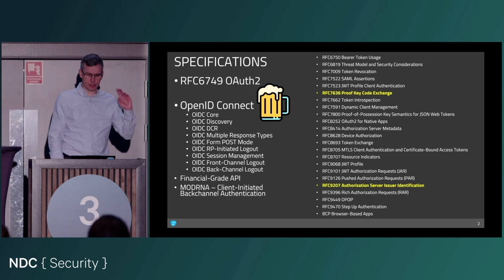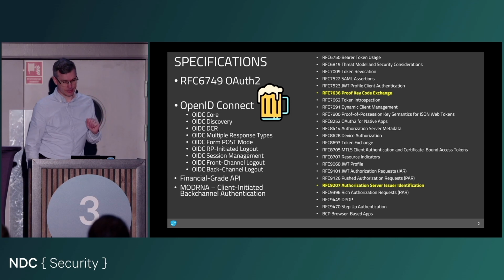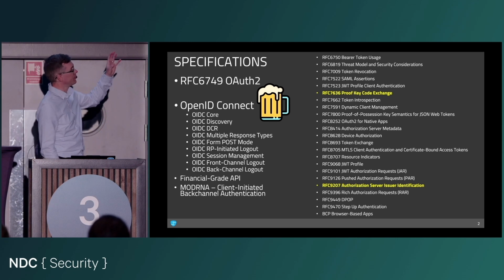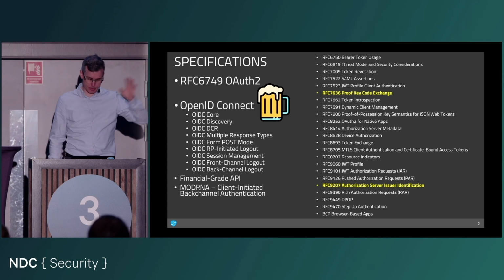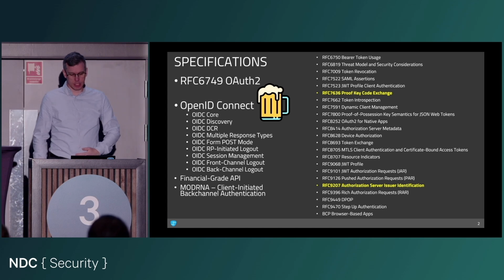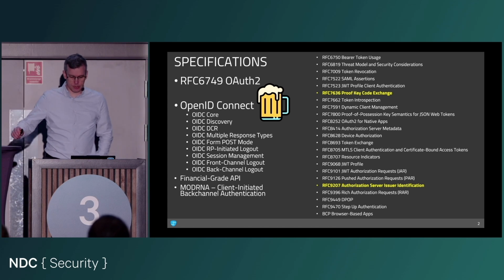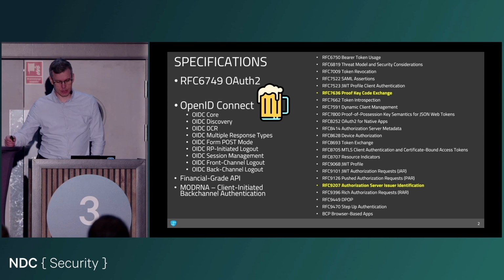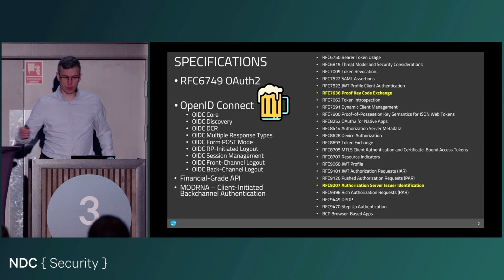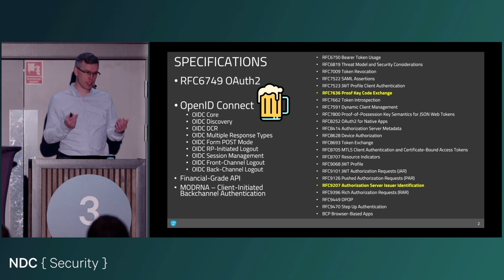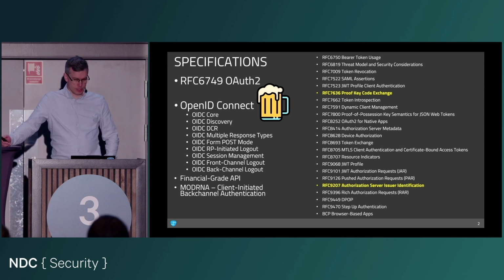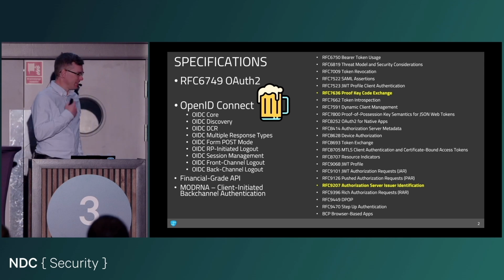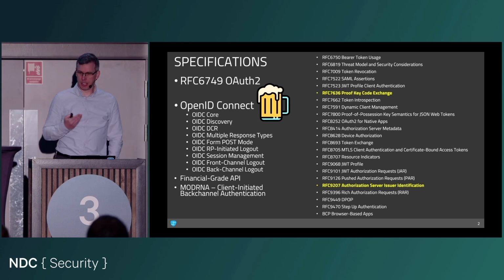One is RFC 7636, Proof Key for Code Exchange, which fixes the risk of code substitution attacks, especially on mobile devices, and RFC 9207, Authorization Server Issuer Identification, which also fixes a kind of substitution attack. But this means it's not that simple for an implementer to keep up.